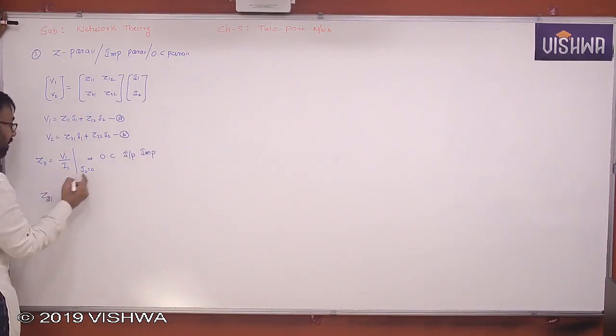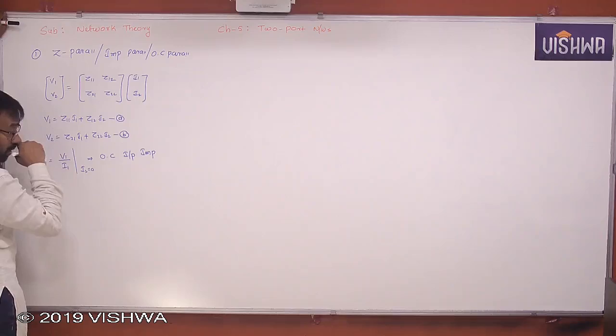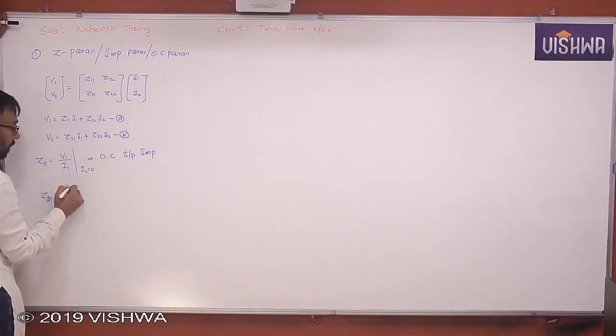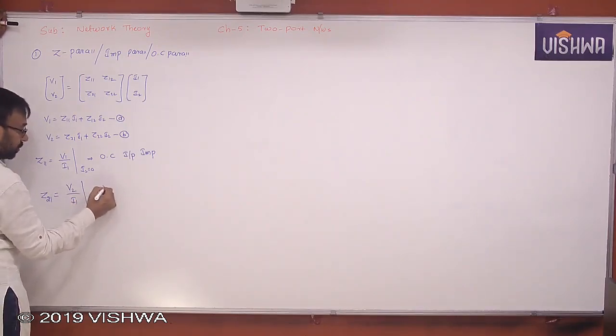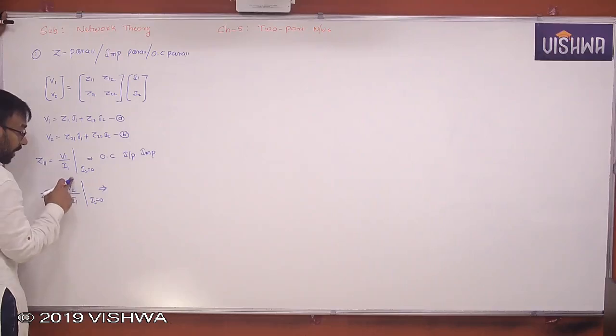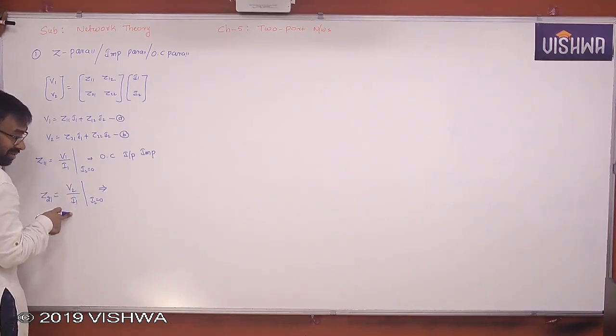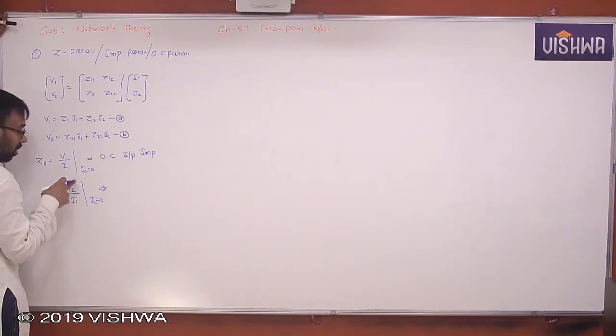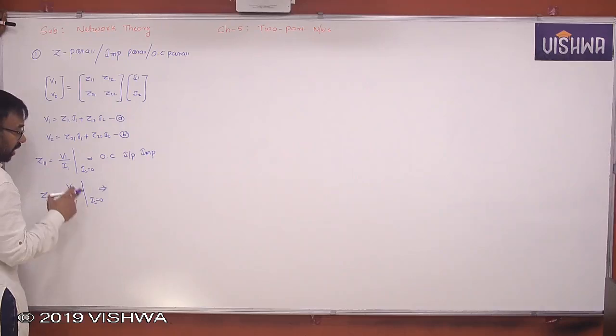Similarly, when you make I2 0, you can define another parameter. So what is that? Z21. What is that? V2 by I1 when I2 is 0. Output voltage by input current. If it were output voltage by output current, I would call it output impedance. Input voltage by input current is input impedance.